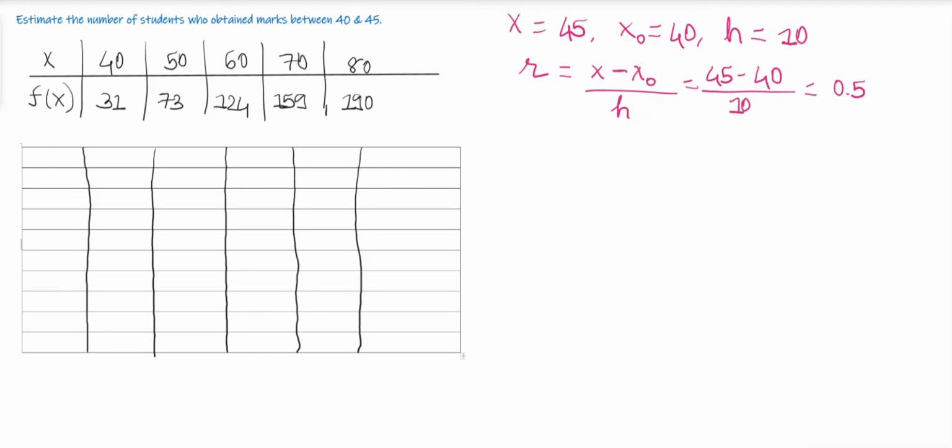So our first column will be for x, second column for f of x, third one delta y, or you can write it as delta f of x, then delta square y, delta cube y, and delta raised to 4y. Y is equal to f of x. Now just put the values of x like this, leaving one line in between, and also the values of f of x.